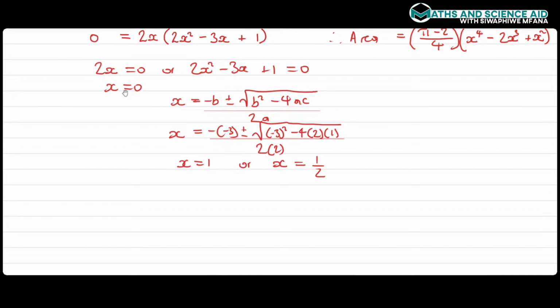So x is equal to 0 is not it, obviously. X is equal to 1 is not it. The only x value here that is in between 0 and 1 is x is equal to half. Therefore, our final answer is x equals to half.